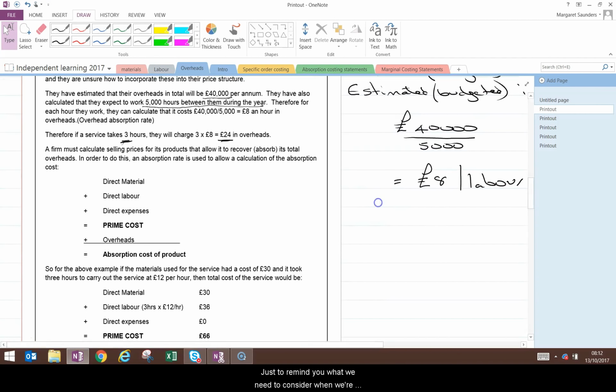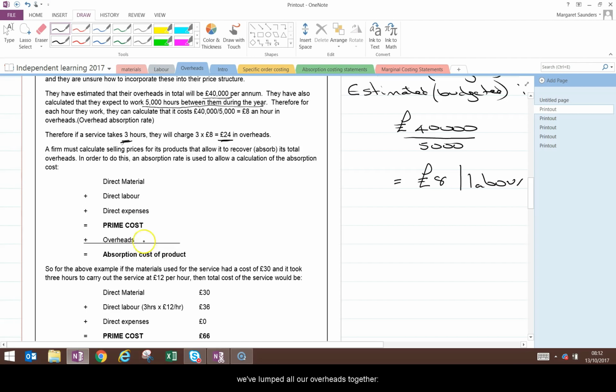So just to remind you what we need to consider when we're working out the cost of our products or services, we firstly need the direct material cost, the direct labour cost, any direct expenses, and then that gives us the prime cost. Then we add overheads.